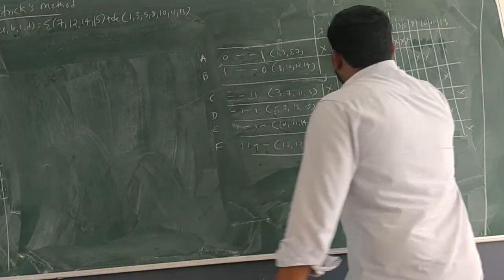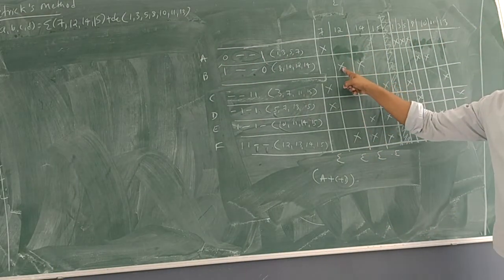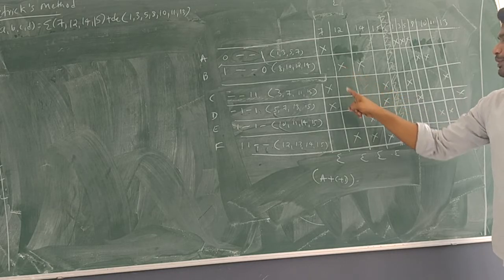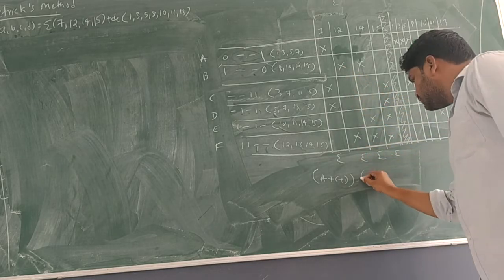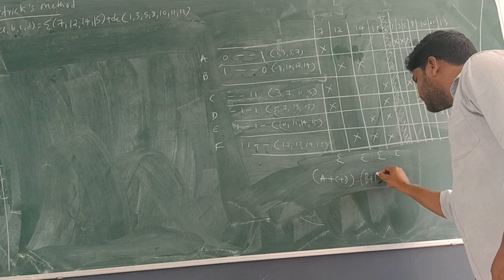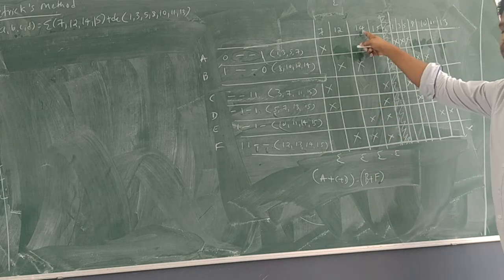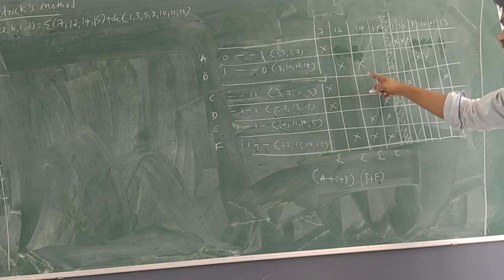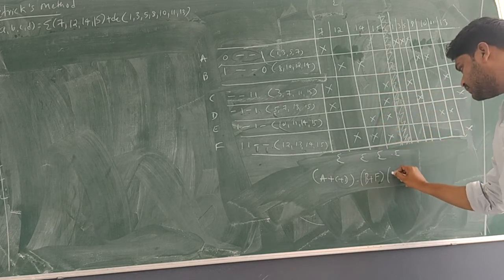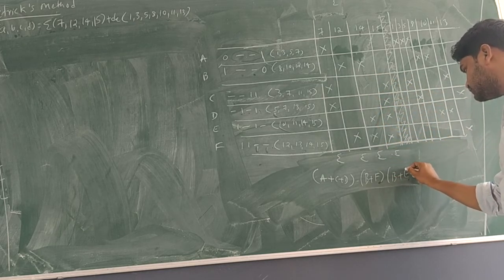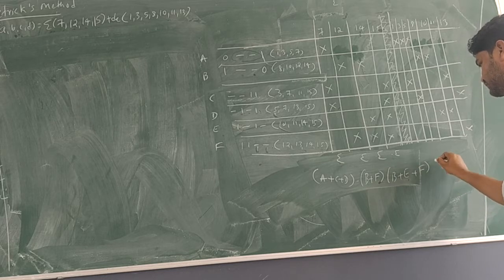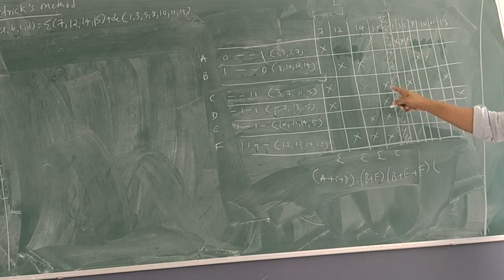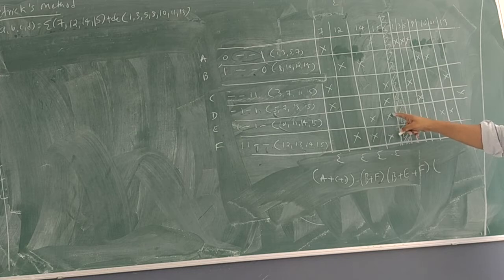The 12th column is B plus F. Okay. The 14th column is B plus E plus F. And the last, the 15th column, is C plus D plus E plus F. Okay.